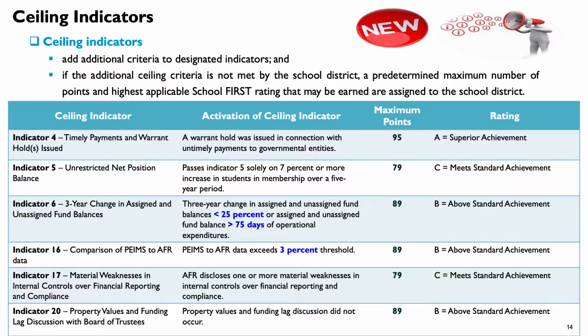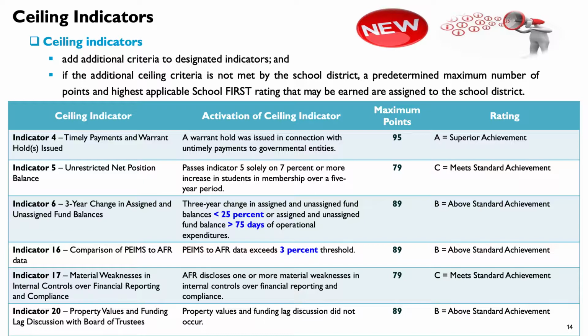Well, if you didn't make timely payments, but you cured that warrant hold within 30 days, the maximum points you would receive is 95, and you would still get an A. But say, for instance, you owed money to a governmental entity and you never made your payment. What would you receive? F. You would fail because it's a critical and it's a ceiling indicator.